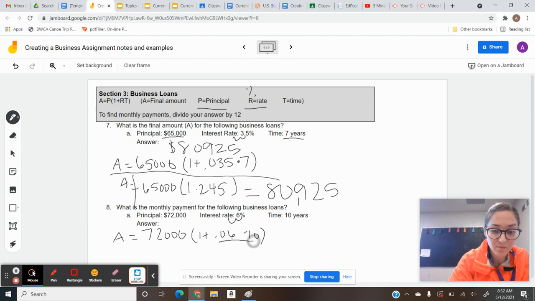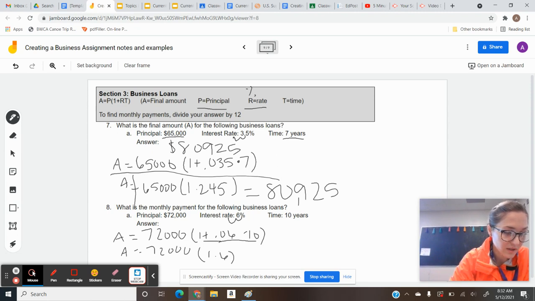All right, so I need to combine the like terms in these parentheses. And when I do that, I get 72,000 multiplied by 1.6.